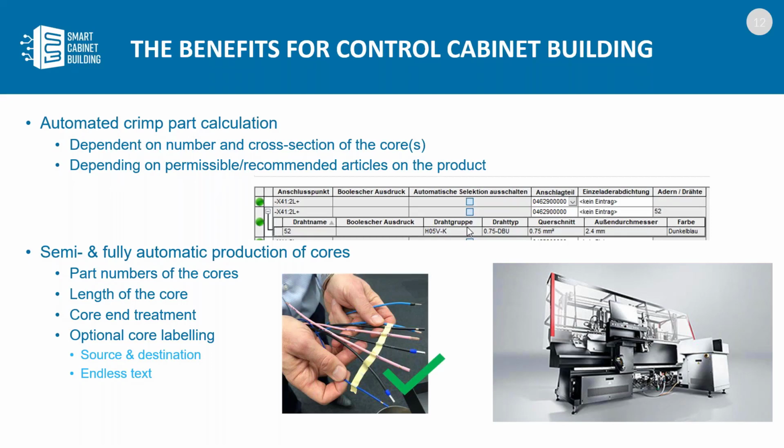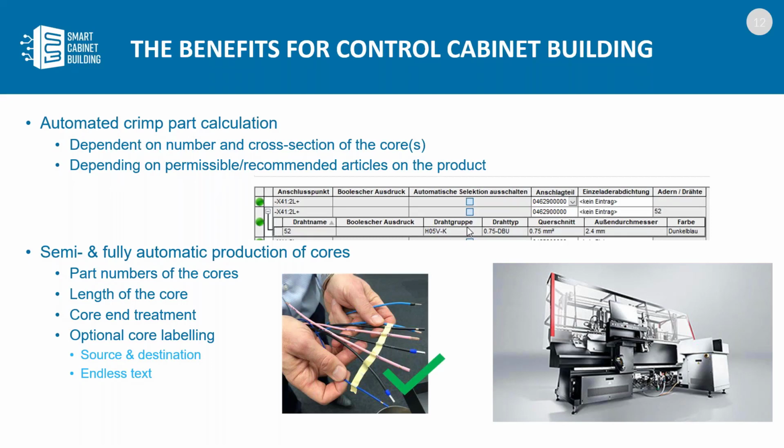In this case, you need on the component pin a list of available crimp parts, and normally you have a range of cross sections from 0.5 to 2.5, for example.